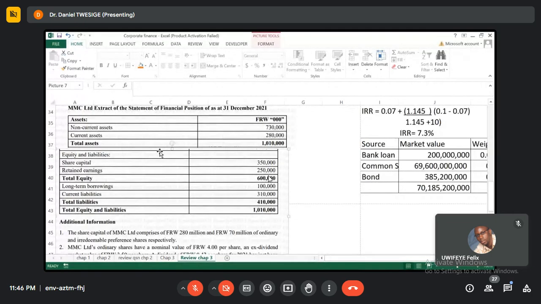We have an extract from the financial position: current assets, equity, share capital, retained earnings, long-term borrowings of 100 million. And then we have this additional information.